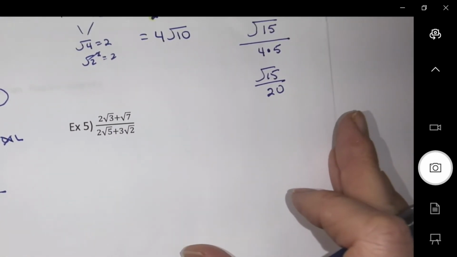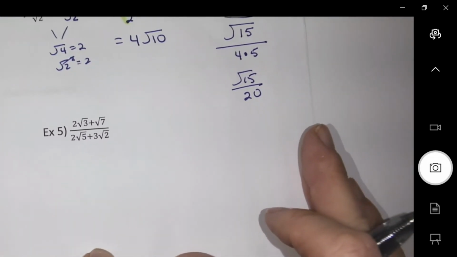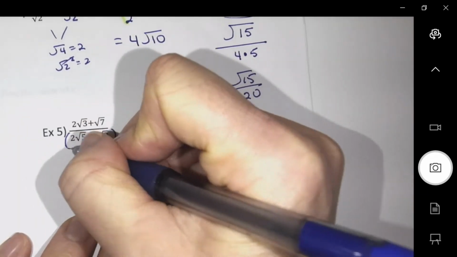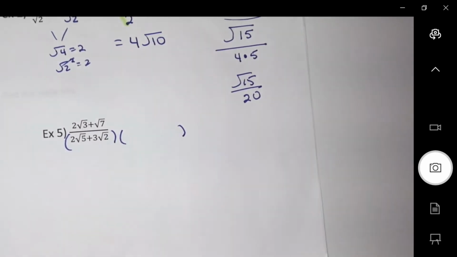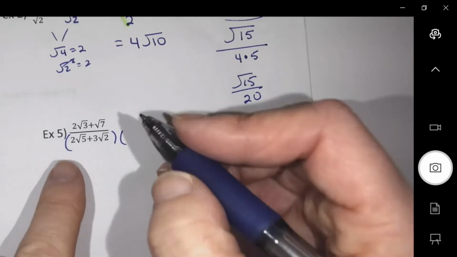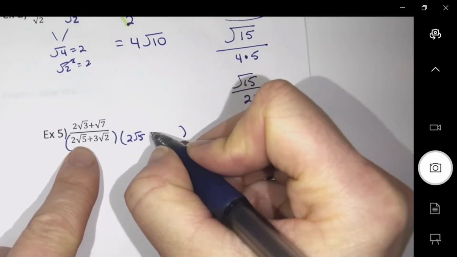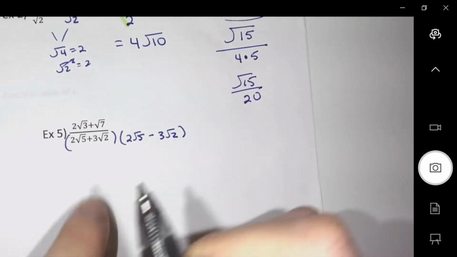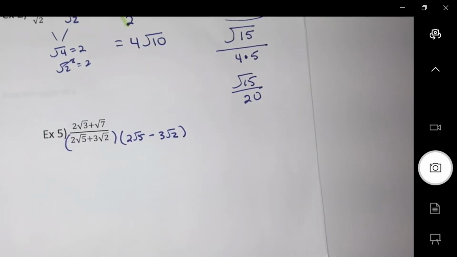We'll do it all. Okay, look at the bottom. We're going to multiply by the bottom's conjugate. So repeat exactly what you see, but change the sign in the middle. That's what you're doing. Replicate it with a different sign. Did you pick that for your conjugate? 2 root 5 minus 3 root 2.